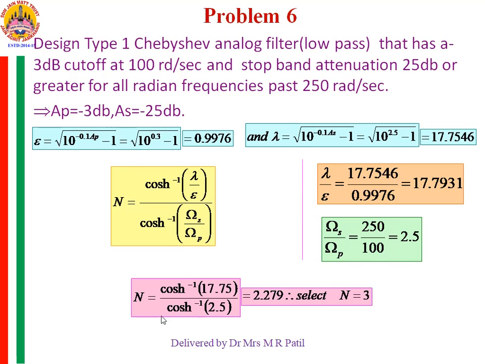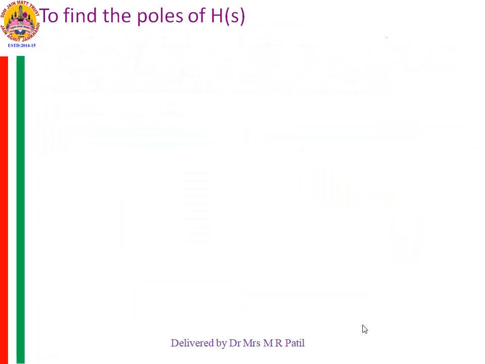You have cosh inverse, and with shift you will have it. Are you getting the same value? Yes, ma'am, 2.27. Good. So now let us select n is equal to 3, because we have to consider the next largest integer value.